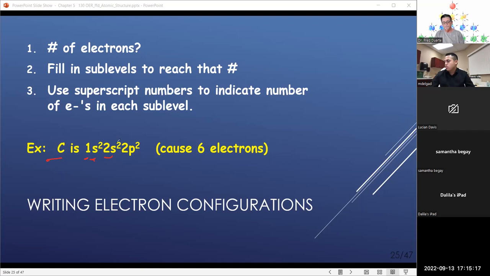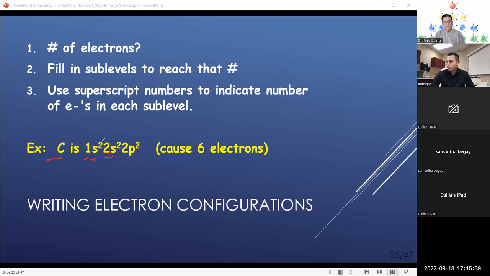Once the s is full, you move across the periodic table and start filling in the p's. So the electron configuration for carbon is 1s2, 2s2, 2p2.